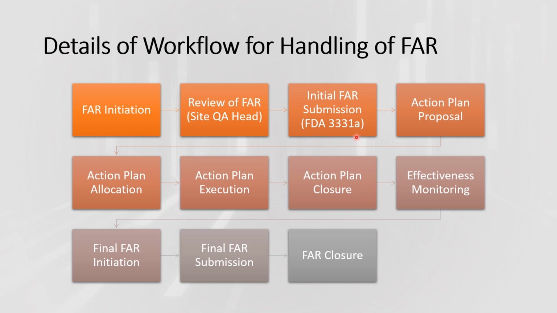There are three categories for this FDA 3331A form. The first one is the initial FAR, the second one is the follow-up FAR, and the third one is the final FAR, right? We'll discuss these in detail in a subsequent slide.